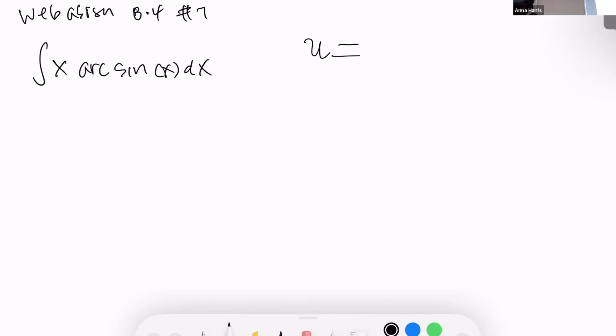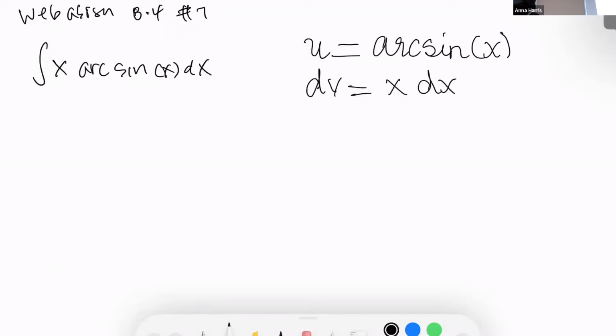You ready? So this one requires integration by parts. I want to explain to you: leading shows u as our arcsine and dv as x dx, because remember, integration of arcsine is not one of the basic integration rules.